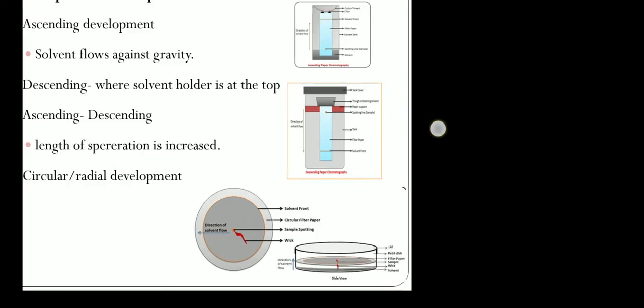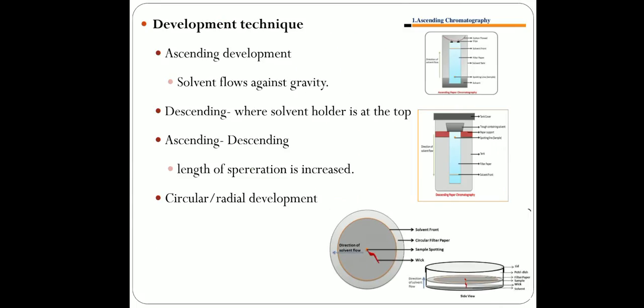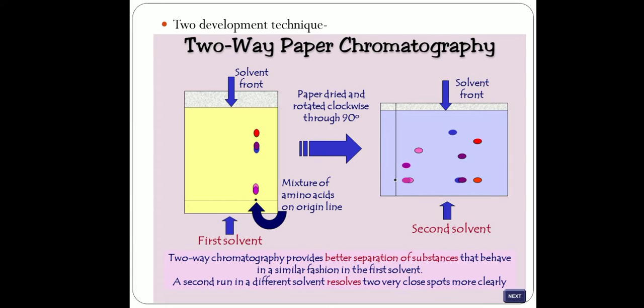Then the next one is the two-dimensional development technique, or two-way paper chromatography. First, the paper is developed in one direction. After development, the paper is dried and allowed to develop in another direction.